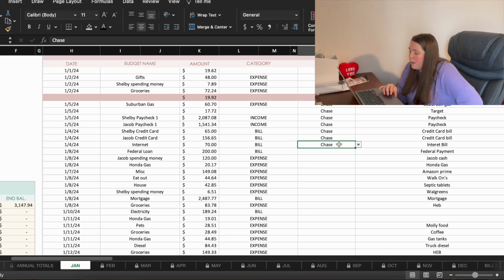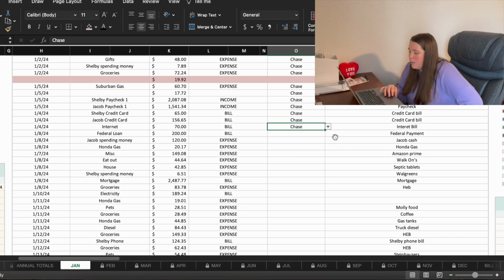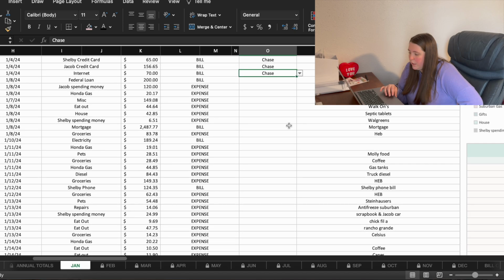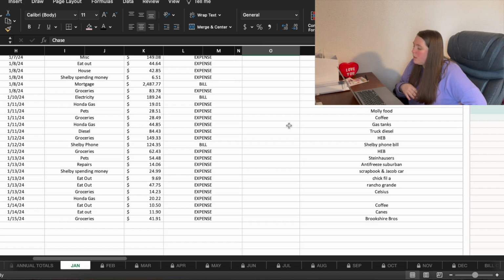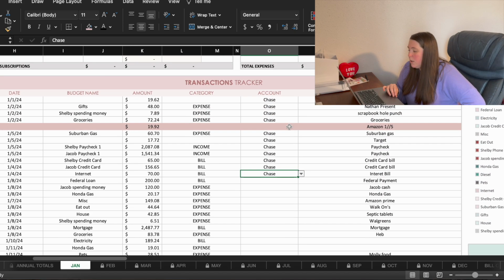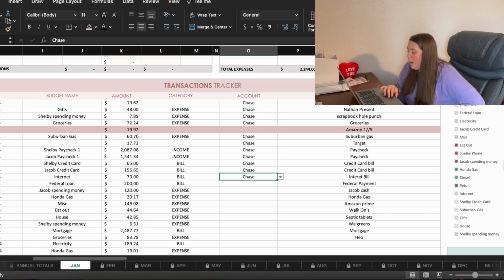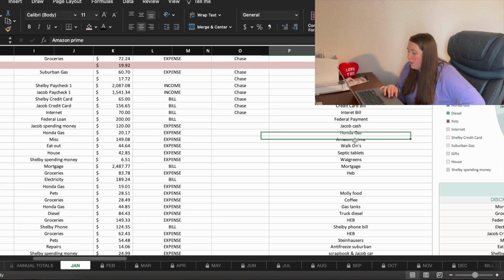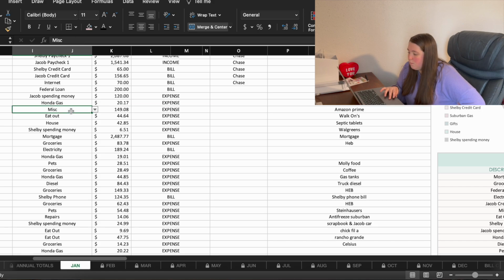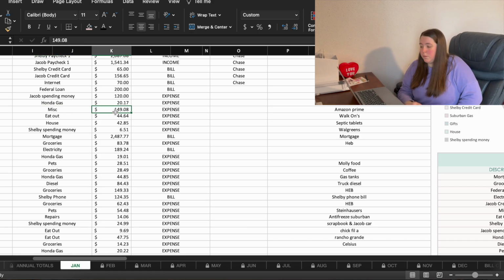This account column, for the most part, all of this comes out of our regular checking account, so I don't think I'm going to be using that too much. Over here you have the description, so you can put, like, this was miscellaneous because our Amazon Prime bill came out that I totally forgot about.